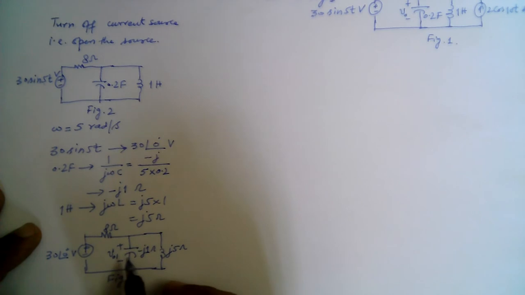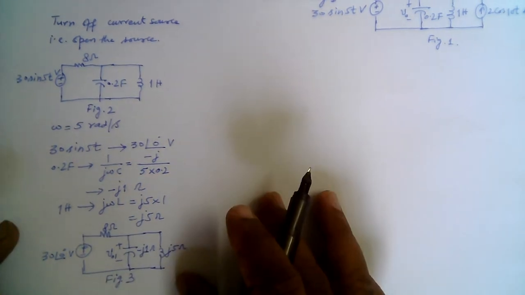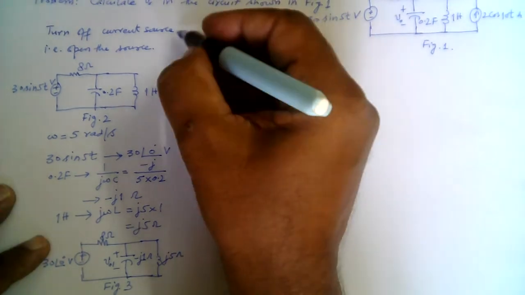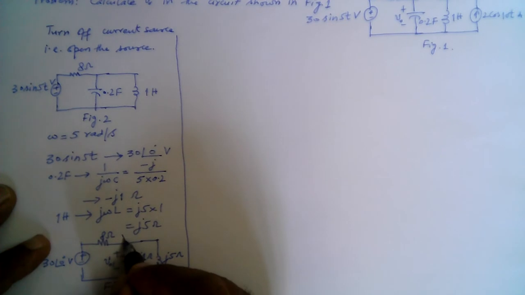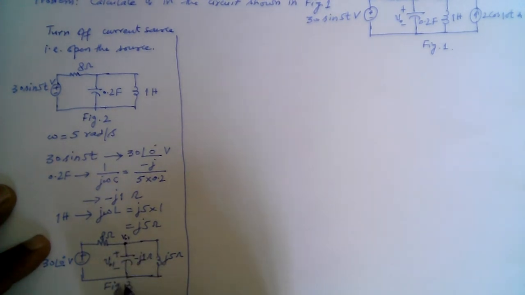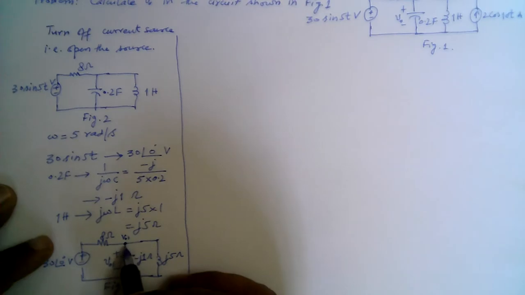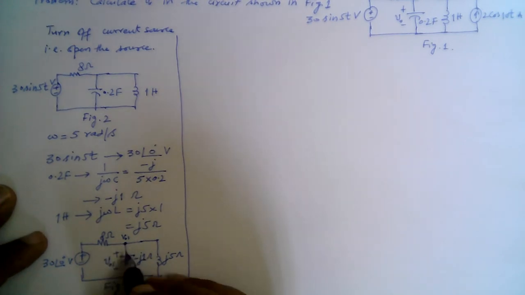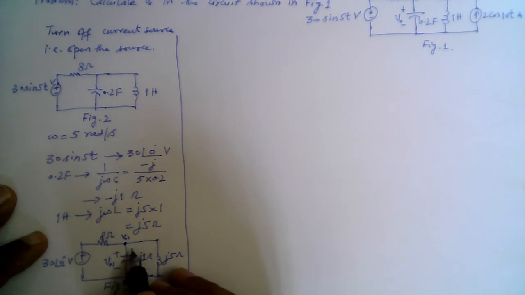We can even use mesh analysis, but the most convenient will be node analysis. Let's try node analysis. Let's call this voltage V01 in the phasor domain, and this is the reference node. The first equation is for this branch, and then the second equation for this branch, and there will be one equation because there is one node only.